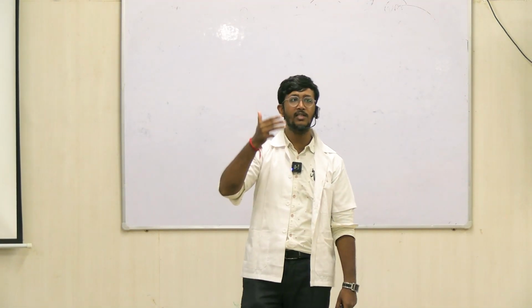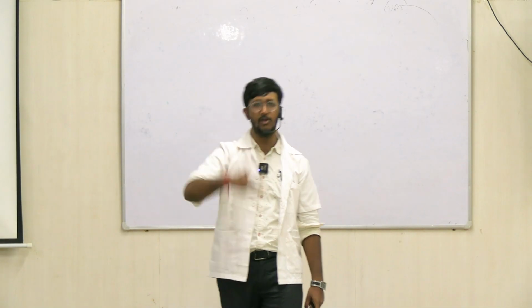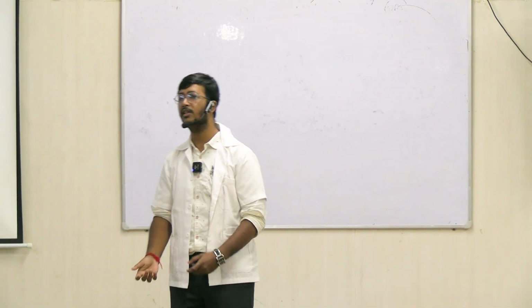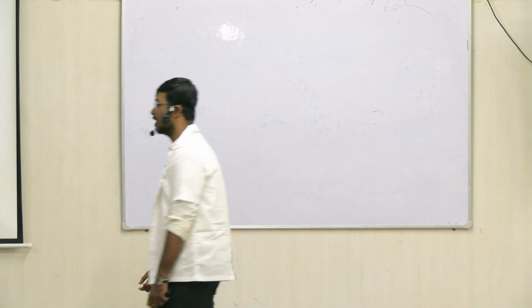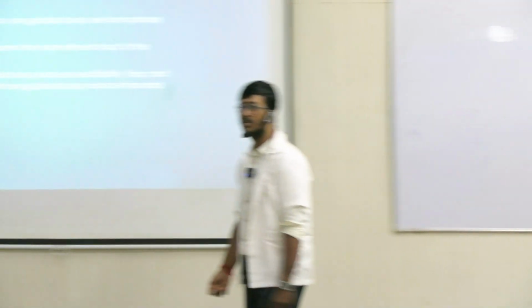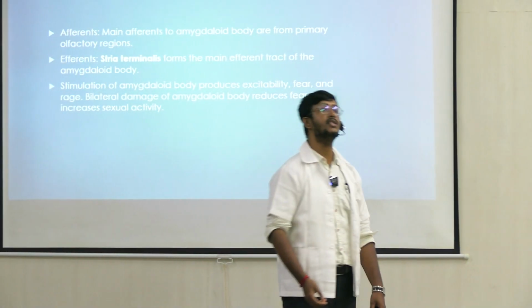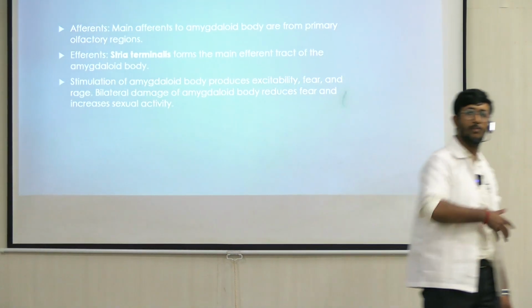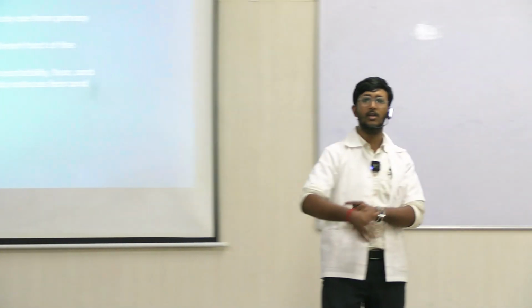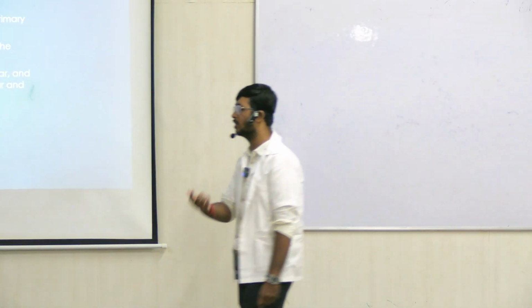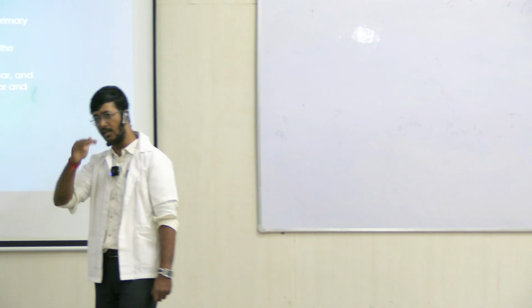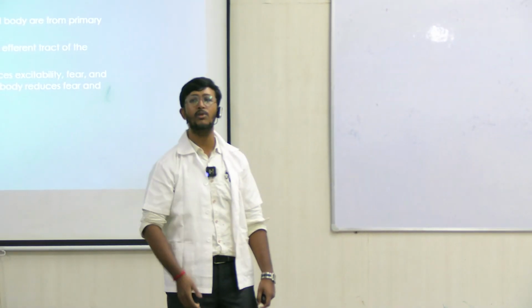Okay, efferents are the signals that are going from our brain. So I am thinking of moving my right hand. This signal is going from my brain, and my brain is stimulating the thalamus, and I am doing this movement. So this is the efferent pathway. If there is any lesion or injury at any level, that movement will not be regulated.